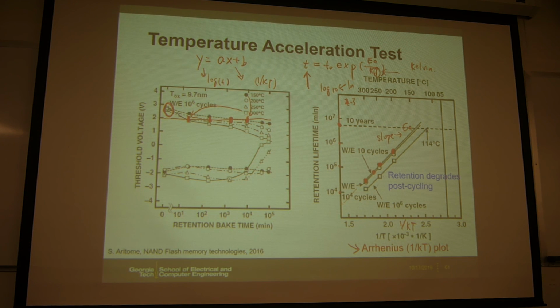For example, for this line, this is at here, and you read out this kT value and back calculate what is the temperature. So basically, if the extrapolation intersects at this point, it says that this cell can sustain the temperature 114 degrees C for 10 years. So this is very good.